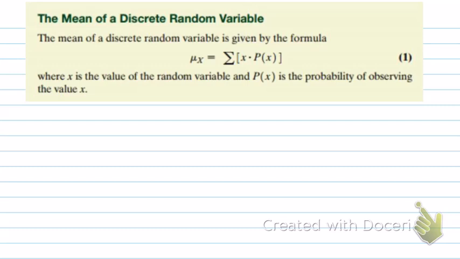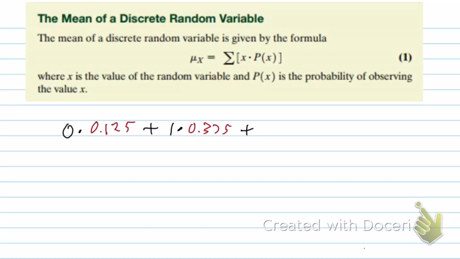So mu of X here, the X we've been using, is going to be what? 0 times, what's its probability? 0.125. Yeah? The likelihood of getting 0 heads is 1 out of 8. Plus the 1 times, what's its probability? Right?